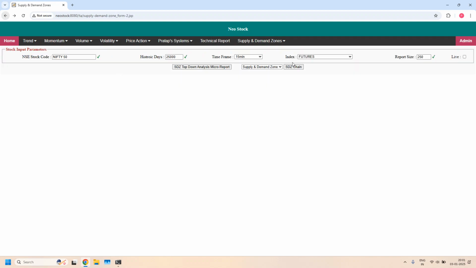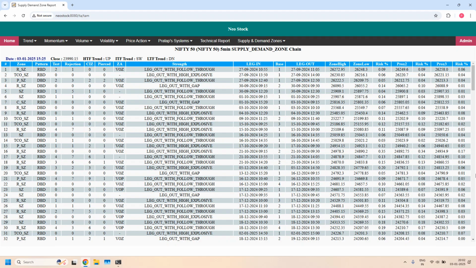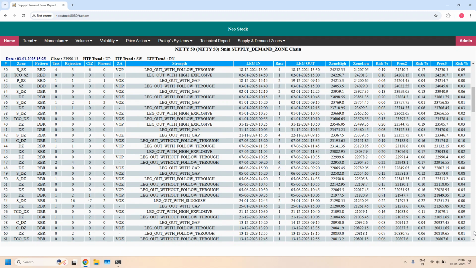Okay, next, 5 minutes supply demand zone chain for NIFTY. All these are supply zones. I am scrolling the list down for the demand zones. Okay, this is about NIFTY supply demand zone chain.